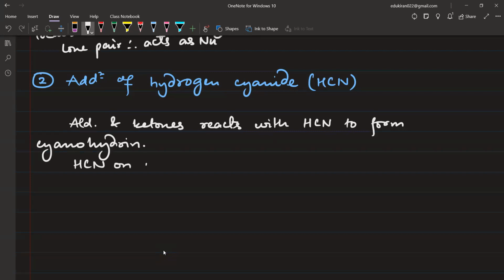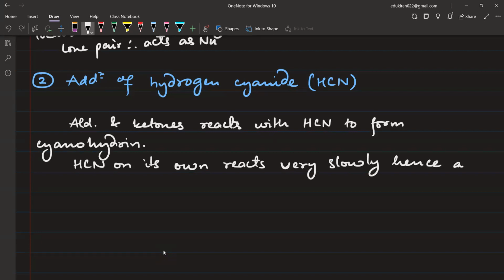HCN on its own reacts very slowly. Hence a base is used as a catalyst.